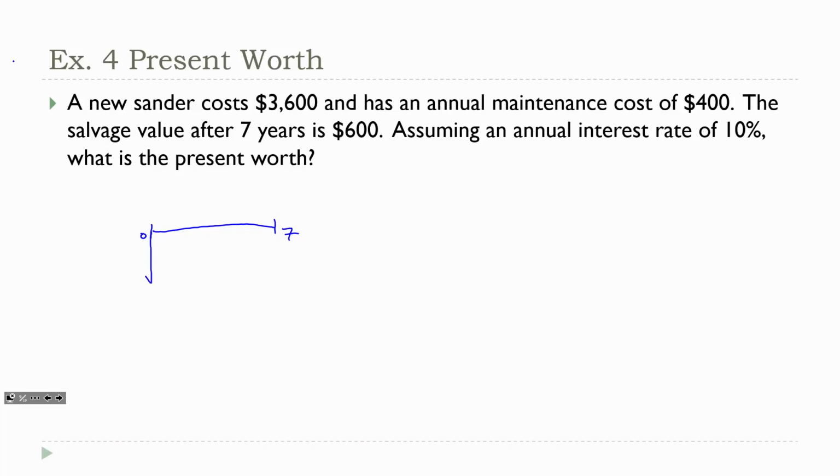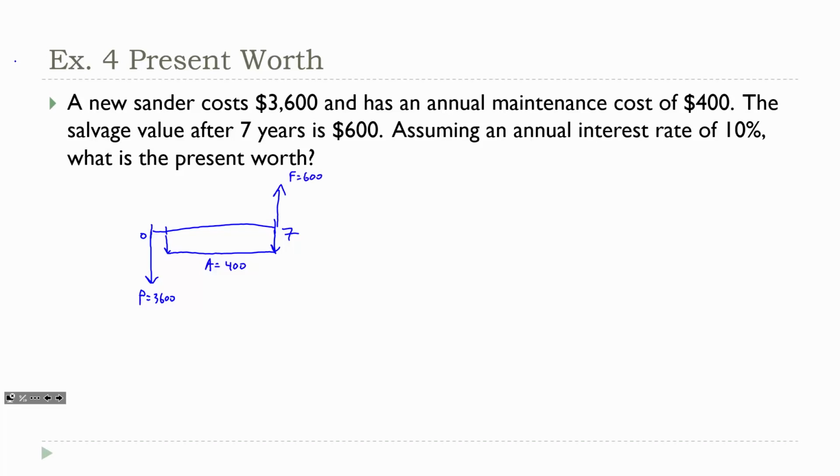Down. That's an expense, down because you're buying it. Where does the 400 go? Down every year. So starting in year 1, you have an A equal to 400, and the 600 comes in if you sell it, in what year?